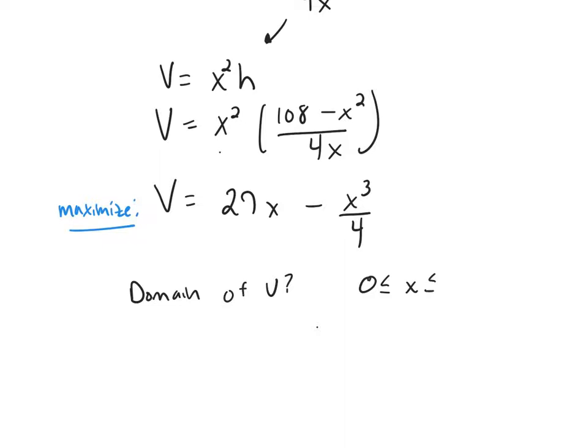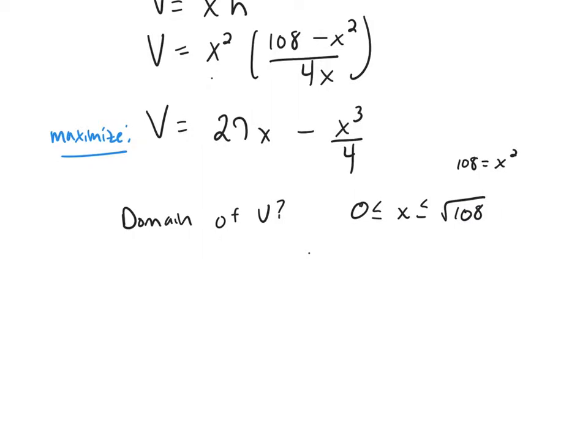And what's the maximum x could be? Well, the maximum is that you use all of your building material for the base. And so the height would be 0. So if the height is 0, look at your equation. 108 equals x squared if h is 0. So x, the largest it can be, is the square root of 108.